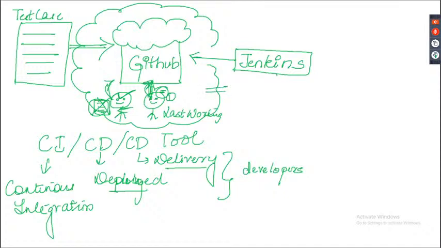Whoever does any addition, deletion, modification, an email will go to the entire team and we'll get to know who has added, who has done modification, who has done the changes. We can catch hold of that person. Jenkins is continuously monitoring your GitHub repository. Understood the first point?